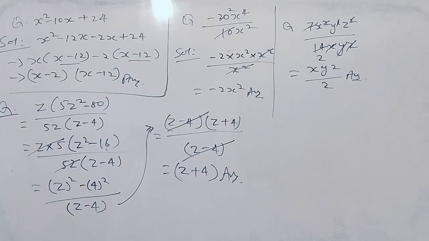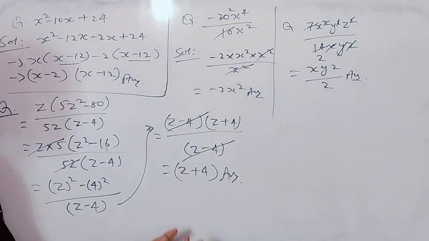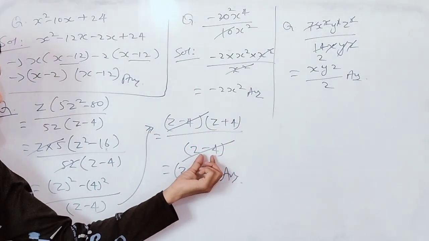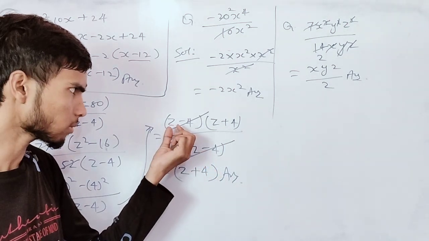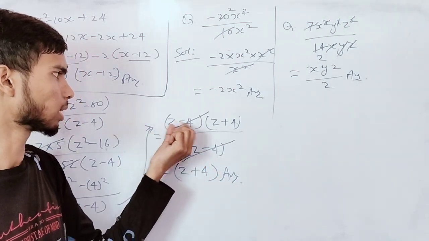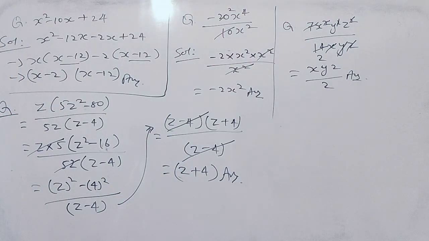From this, z minus 4, z plus 4, and z minus 4 is in place of the denominator. Both will cut each other. Did you understand?